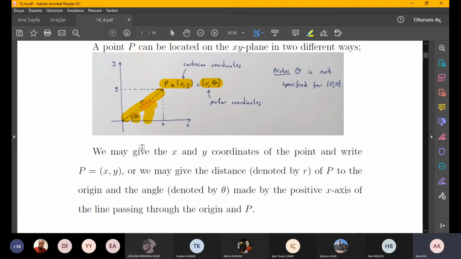Of course, theta is not specified if you take the point as the origin.